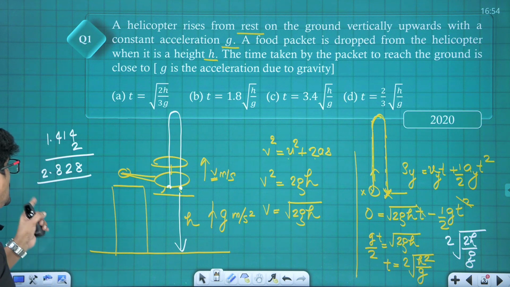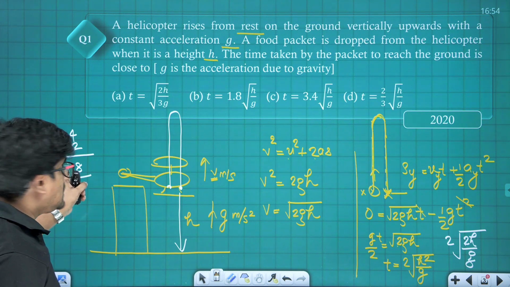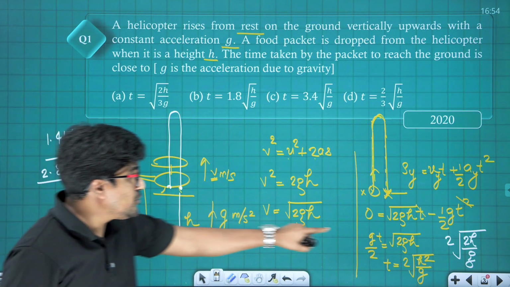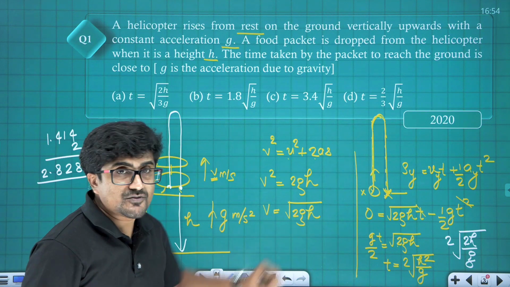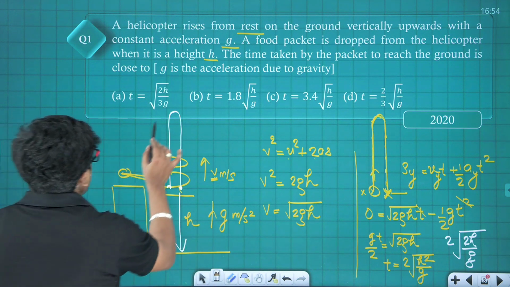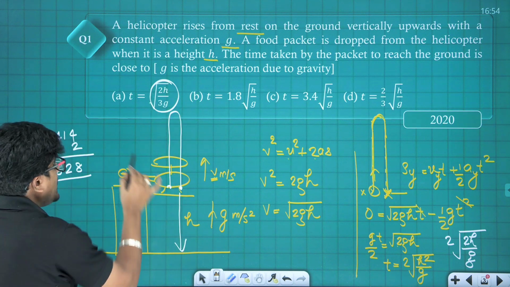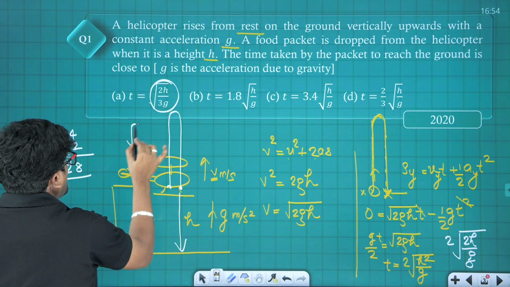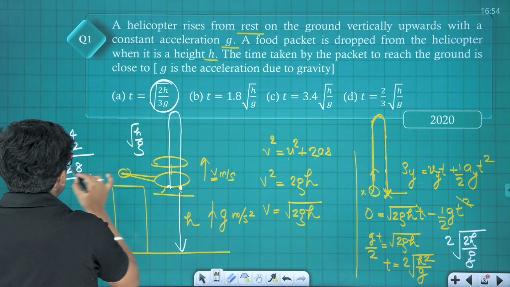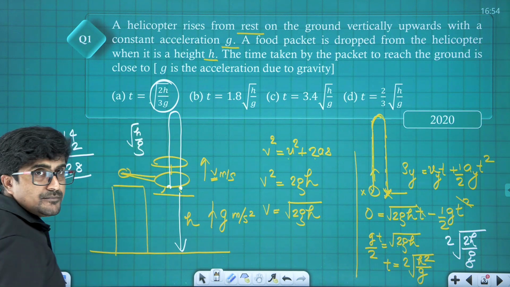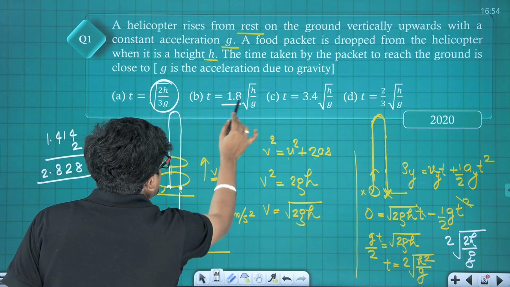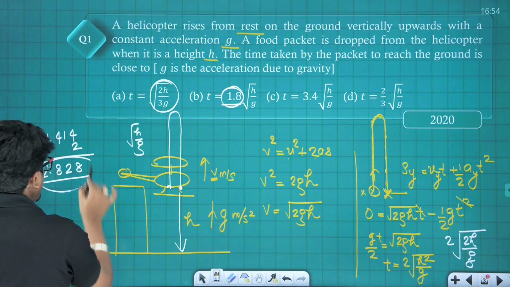So it's coming as 2.828 into root of h by g. Now have a look. Here the coefficient of under root of h by g is less than 1 in the options, but here I am having it as 2.8.